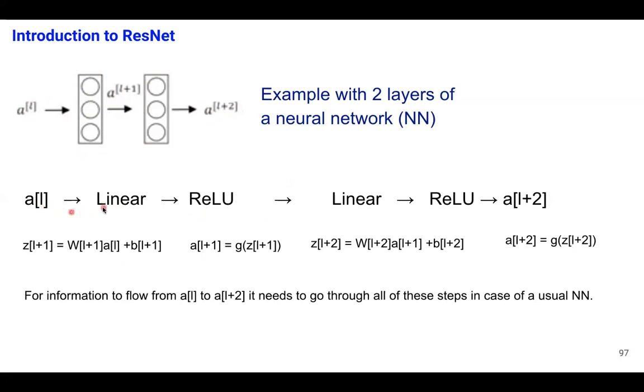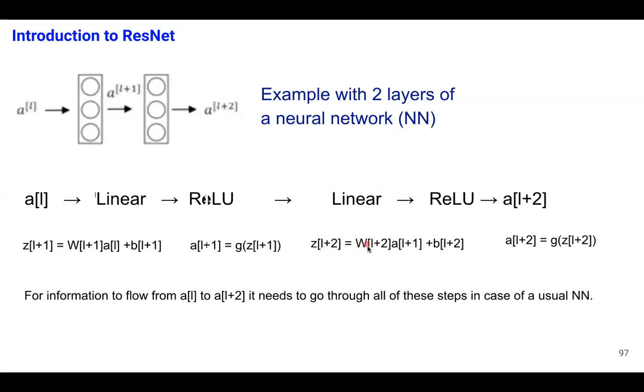We take A^L, we compute the linear part of it, which is the W parameter times A^L plus B, also called Z. So the linear part is basically the computation of Z. Then we apply ReLU or whatever activation function you like. Then this A^(L+1) goes to the next layer, and again we compute the linear part, which is Z for L plus 2 now.